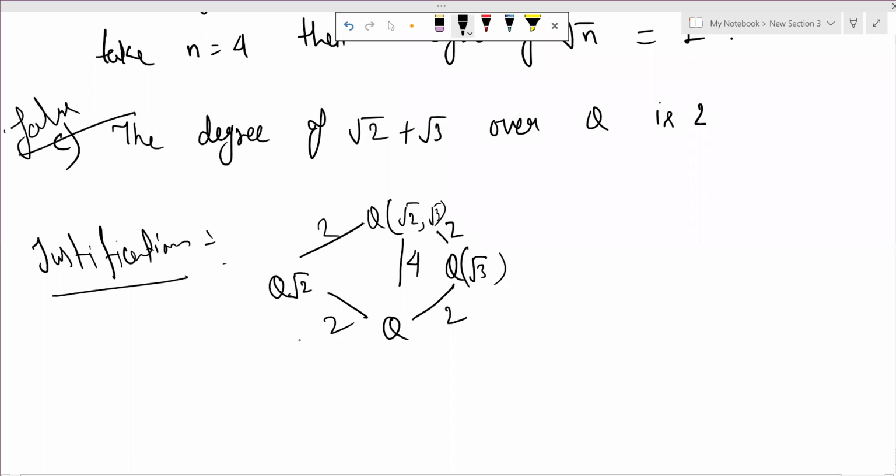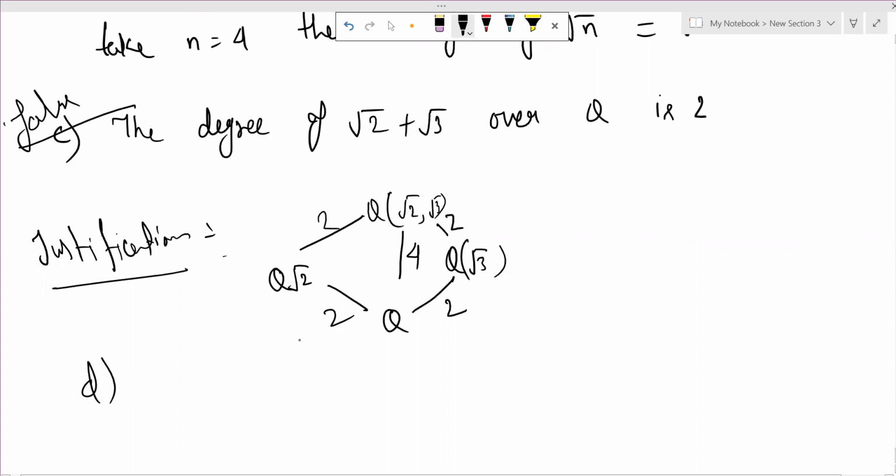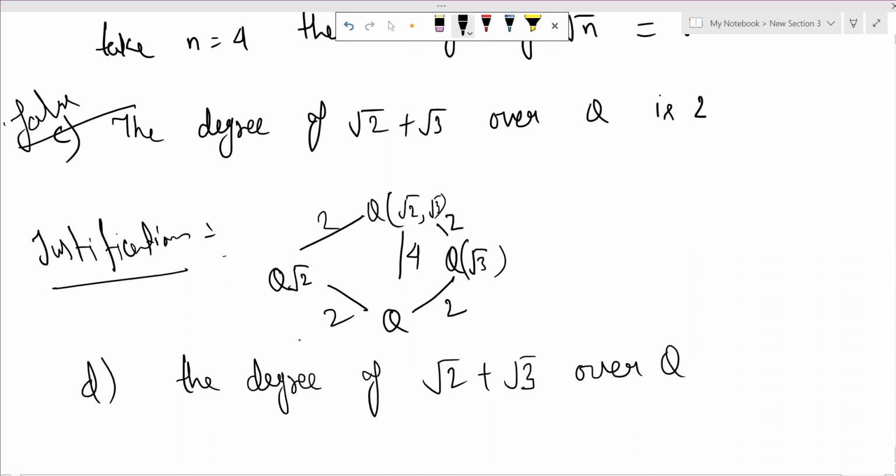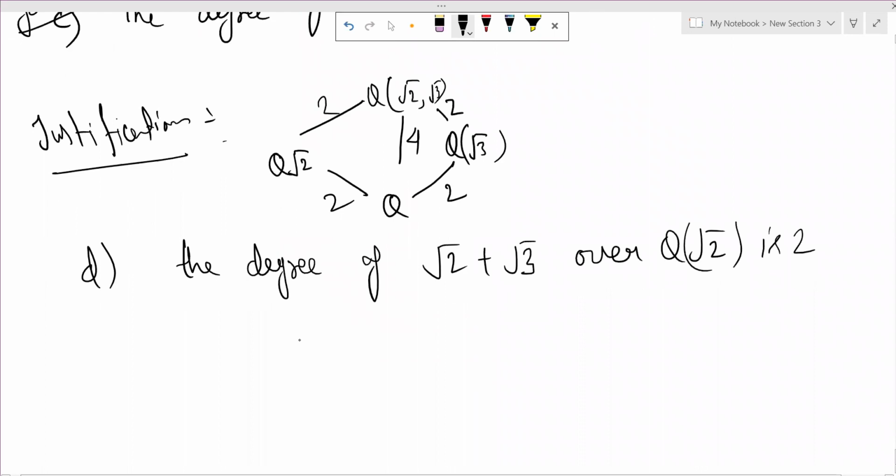And the last part is the degree of root 2 plus root 3 over Q(root 2) is 2. Okay, so this is a true statement. What is the justification for this? Over Q(root 2), the minimal polynomial for root 2 plus root 3.